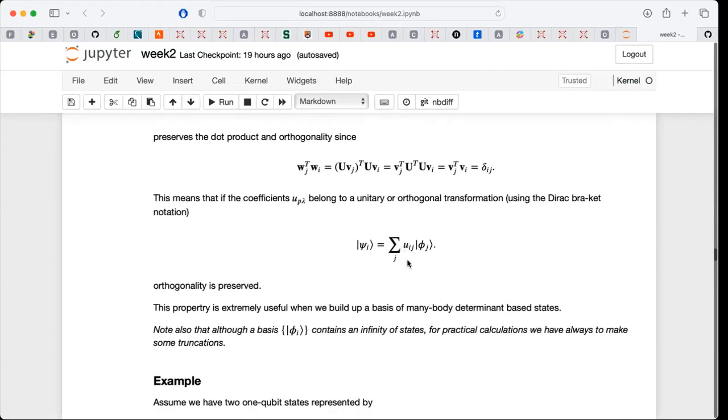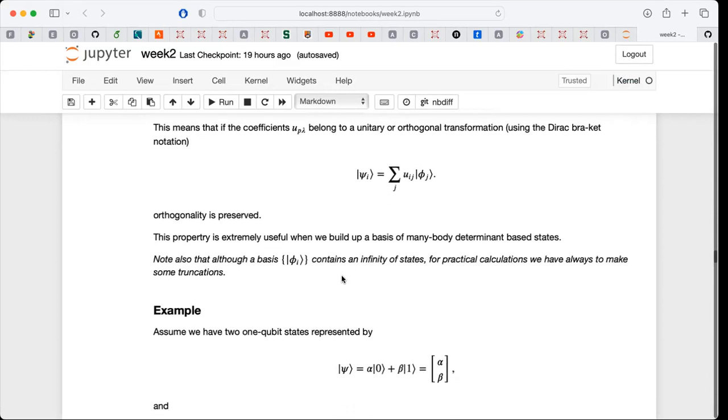So for our basis states, we could set up this linear combination, and assuming that this is a unitary operation or unitary matrix, then we can actually show that if this basis is orthogonal and normalized, then the new basis on the left-hand side is also orthogonal and normalized.